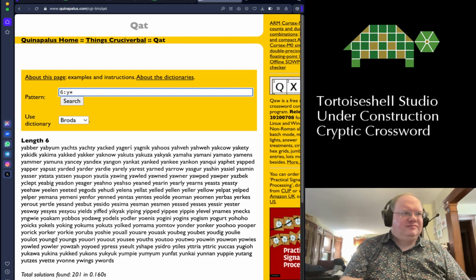Yakuza, yowled, yowled or yelped, yellow.